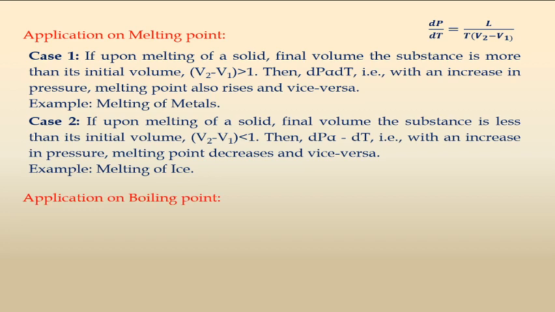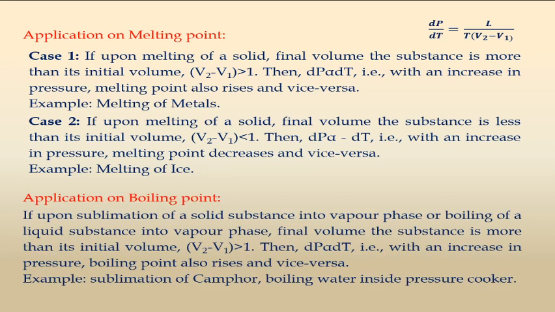Now let us see the application of this equation on boiling point. Any liquid or solid material is converted into vapor phase due to either sublimation or boiling. In boiling of a liquid substance into vapor phase, the final volume of the substance, in almost all cases, is found to be more than its initial volume.